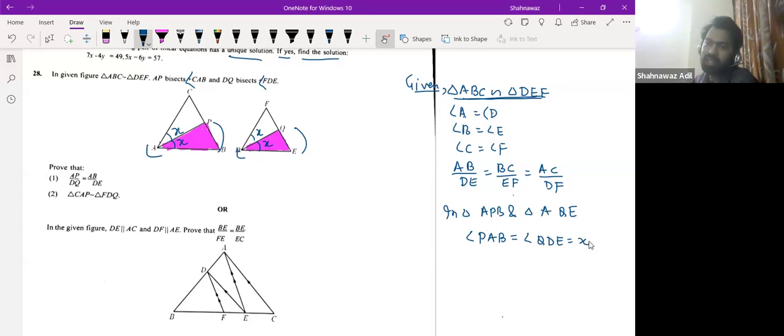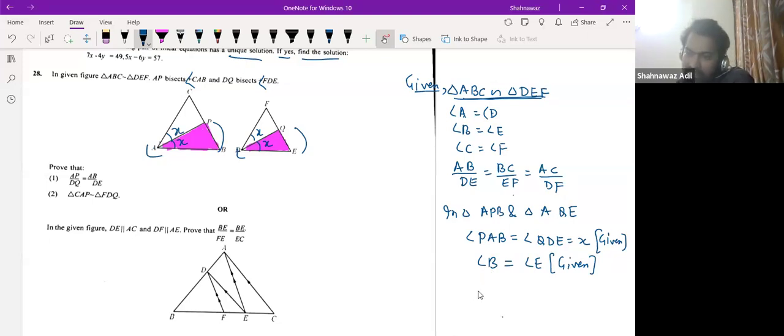This is given. Also we have angle B that is equal to angle E. This is also given. So these two angles are equal. So what can we write? We can write that triangle APB is similar to triangle DQE by AA criteria.